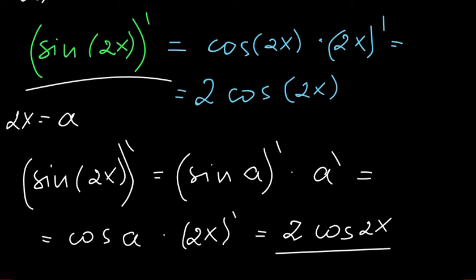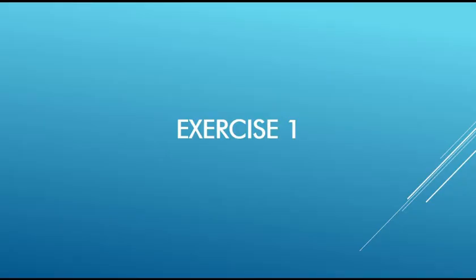So now I'm going to provide you with 10 examples of finding derivatives of composite functions. So, here we go. First example, f of x is equal to x minus 1 times x plus 1.